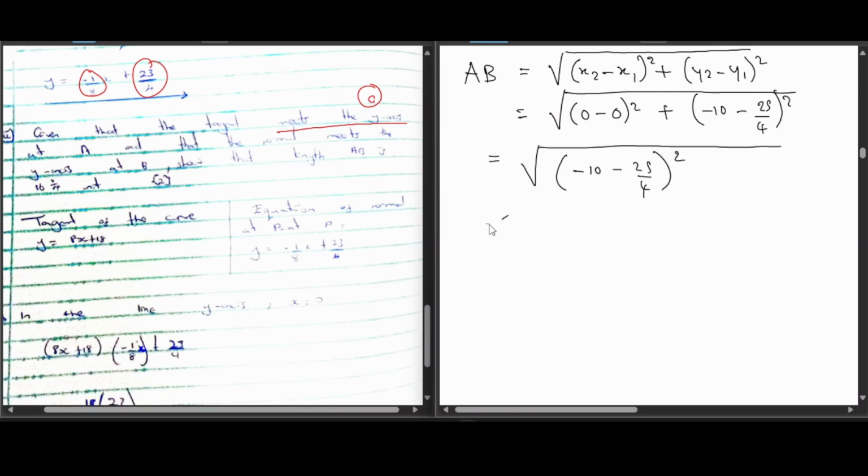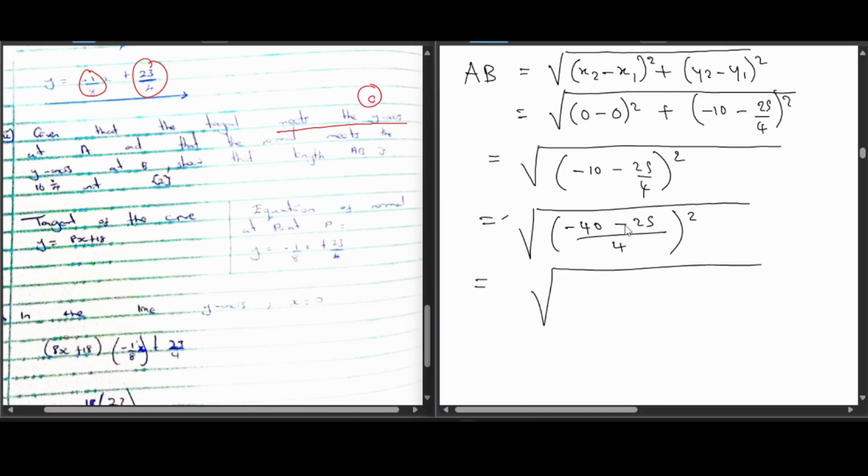You can do it on a rough paper if you see the need, but it's just 4 times minus 10, which is minus 40, minus 25 over 4. Remember it's squared. So this is equal to minus 40 minus 25. We are adding 40 and 25. 5 plus 4 is 5, 6, so it's minus 65 over 4, squared.